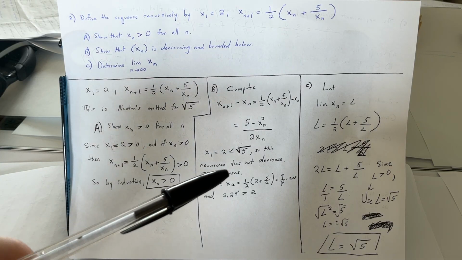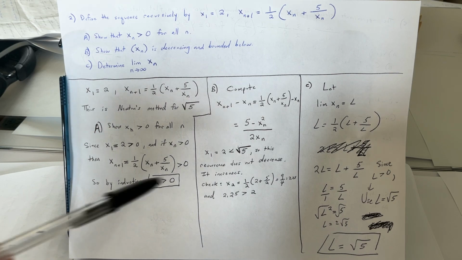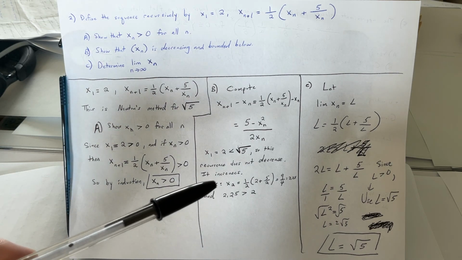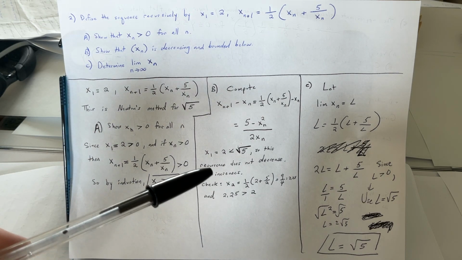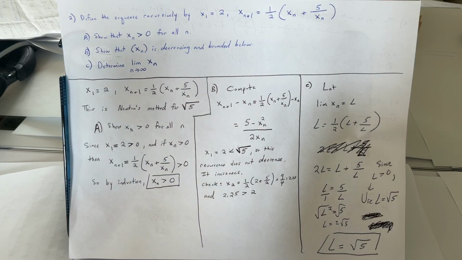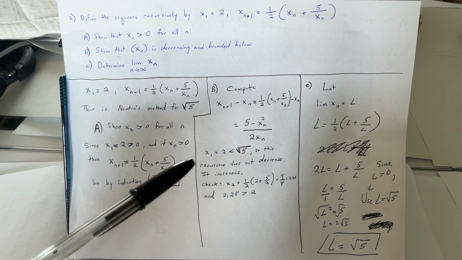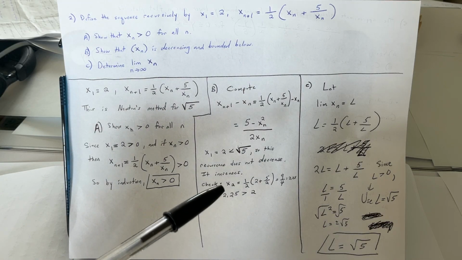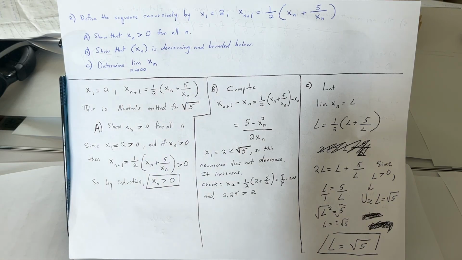So this recurrence does not decrease, it increases. So check: x sub 2 equals 1 half times the quantity 2 plus 5 over 2. That's 9/4, which is 2.25, and that's greater than 2. So that helps validate with checking.